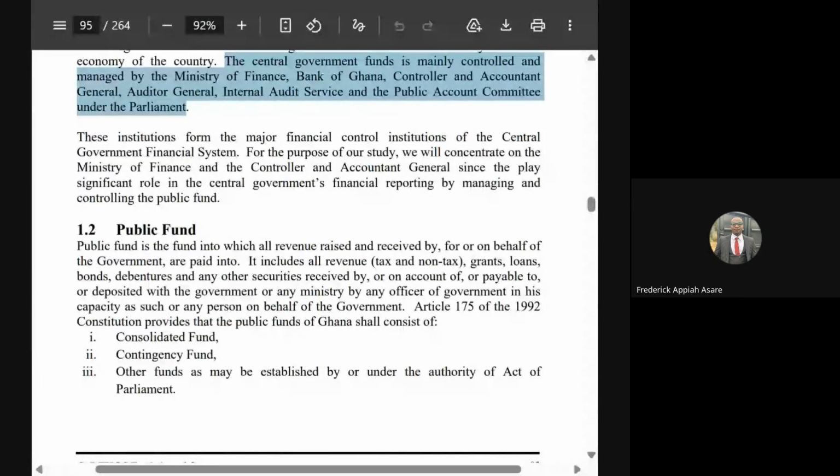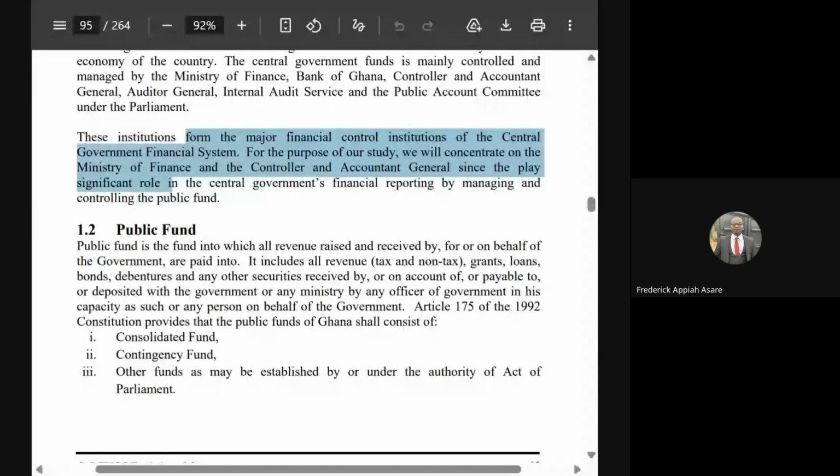Now, these institutions form the major financial control institutions of the central government's financial system. For the purpose of our study, we will concentrate only on the Ministry of Finance and the Controller and Accountant General, since they play a significant role in the central government's financial reporting by managing and controlling the funds.